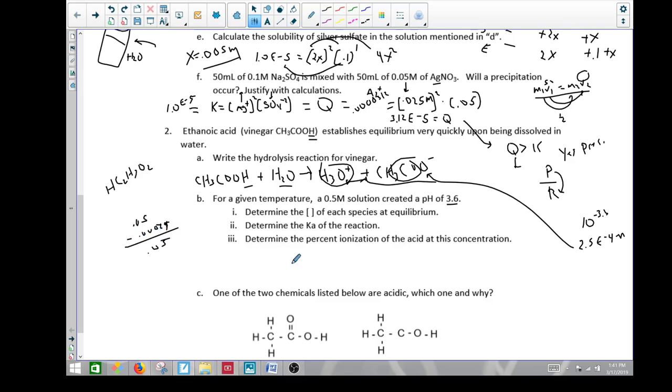So, long story short, if I'm going to represent HX as my acid, plus H2O yields H3O plus X negative. X negative is going to be this guy right here. This initial stoichiometric ratio, and this guy is 0.5, not playing a role as a liquid.